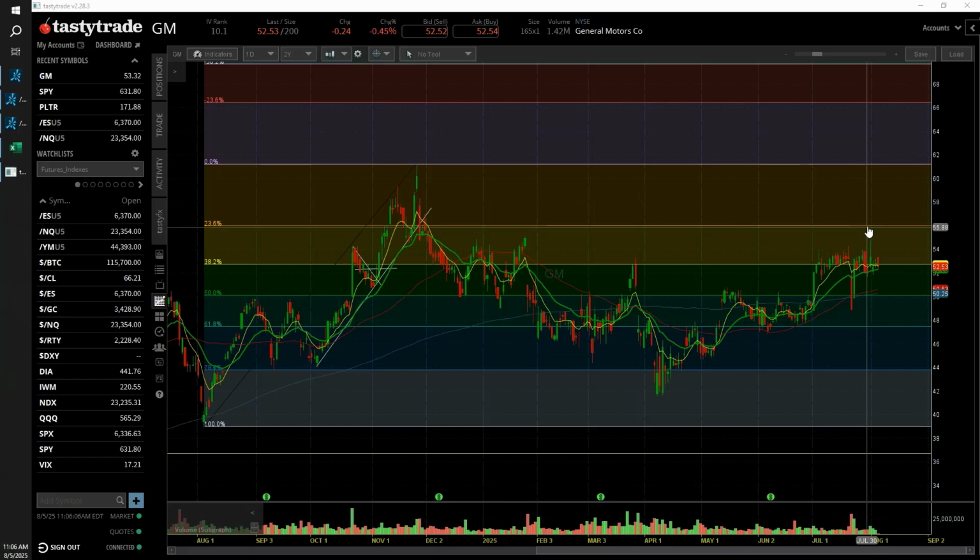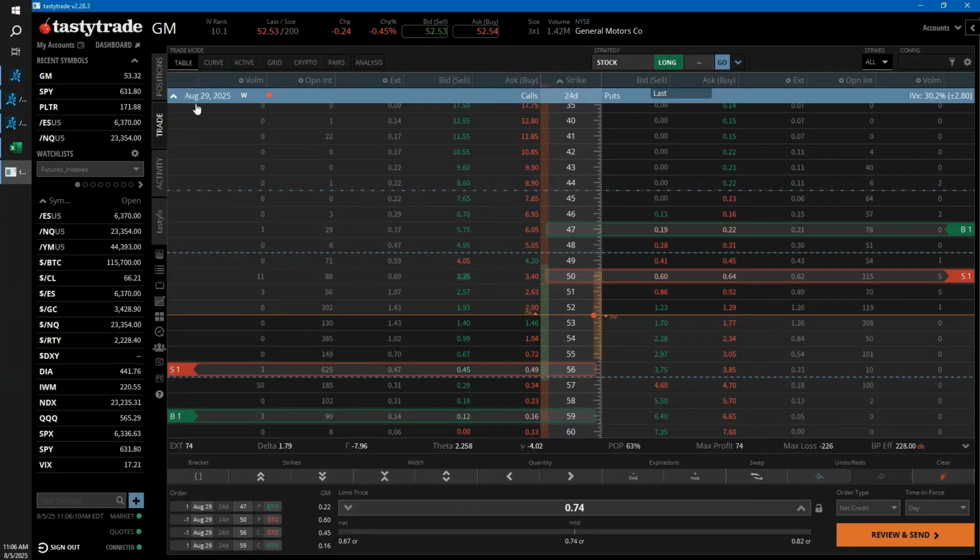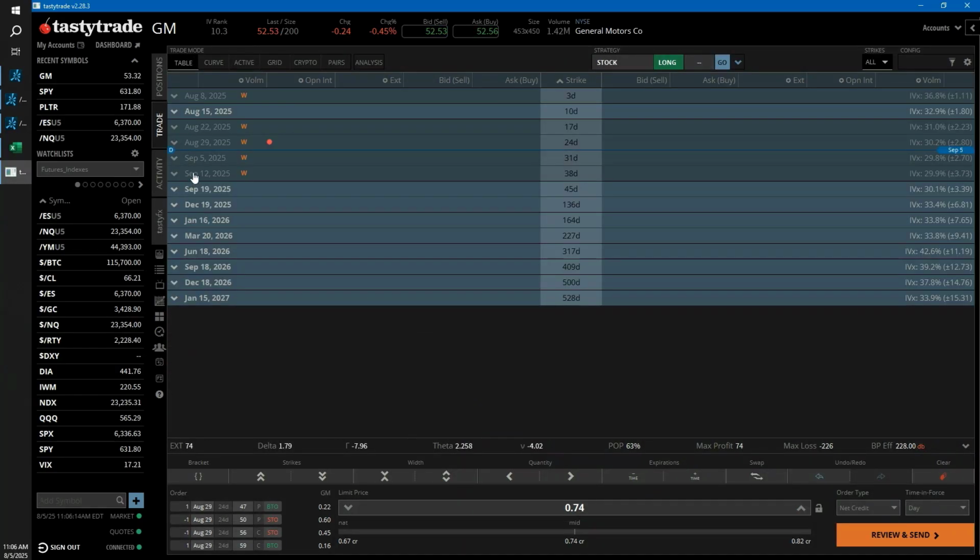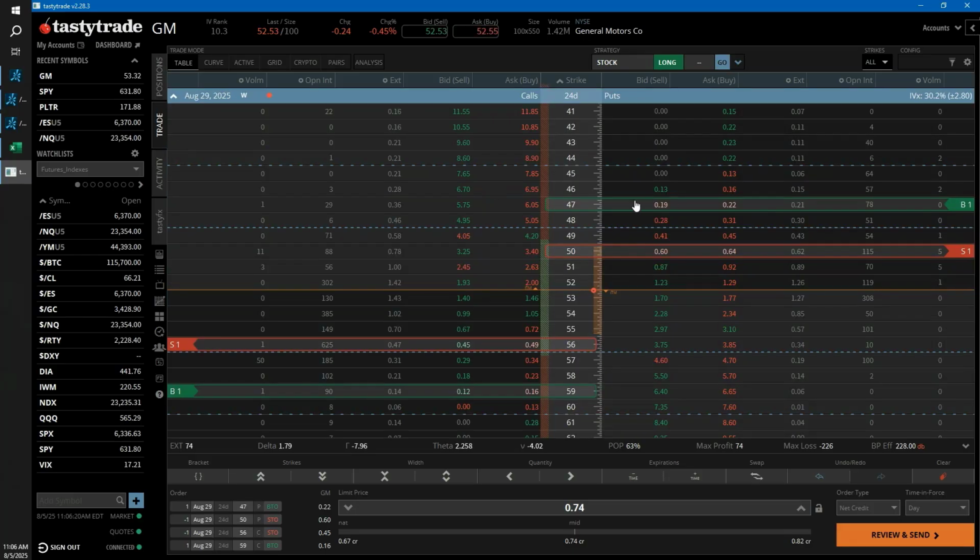All right, remember, sell credit above, sell credit below. Let's go out to the 29th, which is, by the way, the week before they pay their dividend, and their dividend is pretty excessive. So I want to play this thing before that dividend. And we've got implied volatility that's not over the top, around 30.